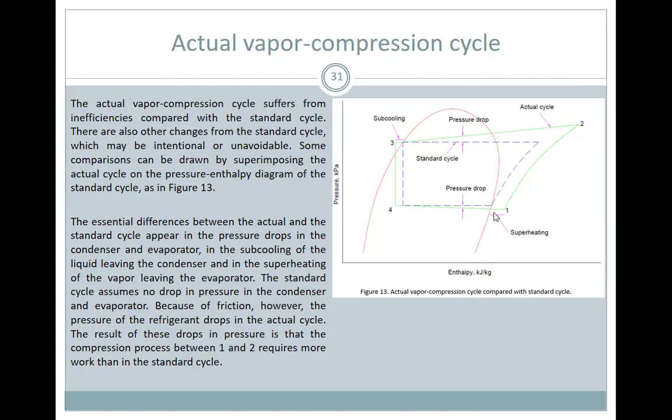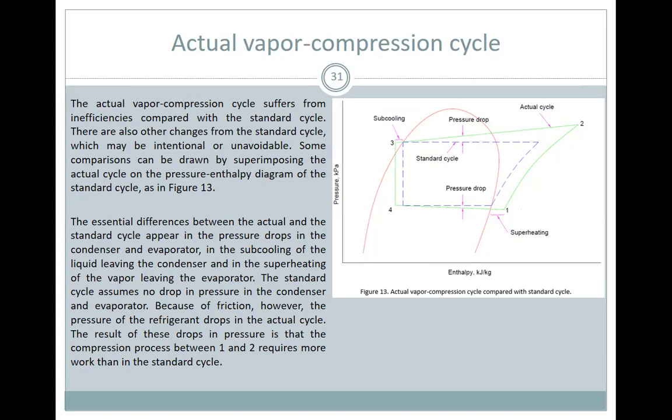So ito, this is the actual vapor compression cycle compared with the standard cycle. Ito yung actual, yung green, then yung blue is yung ideal vapor compression cycle. Standard. So dito sa actual cycle, may superheating ka na superheat na hindi effect ng heat exchanger.